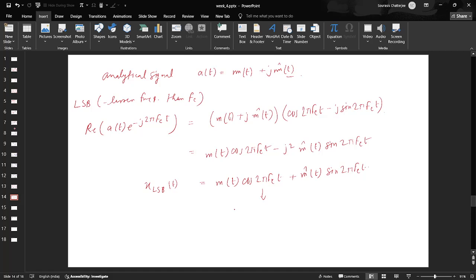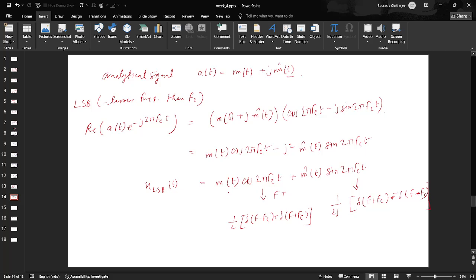This one here, you know, the frequency transform is given by delta f minus fc plus delta f plus fc, right? And this one, you know, it's 1 over 2j, delta f minus fc minus delta f plus fc. Sorry, it should be minus here, it is plus and it is minus, sorry, yeah.